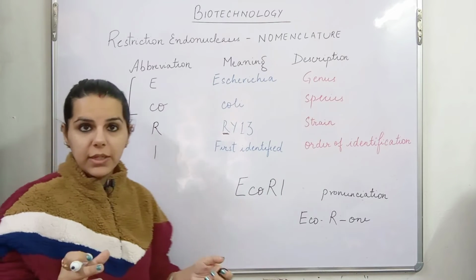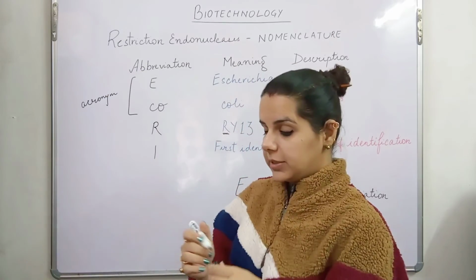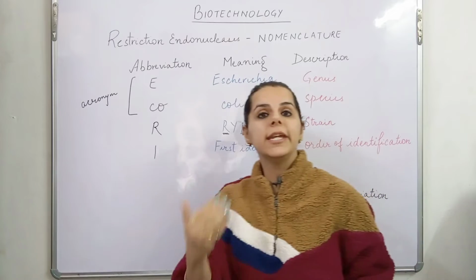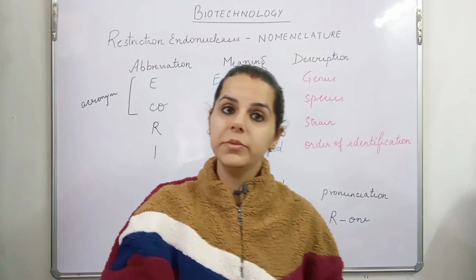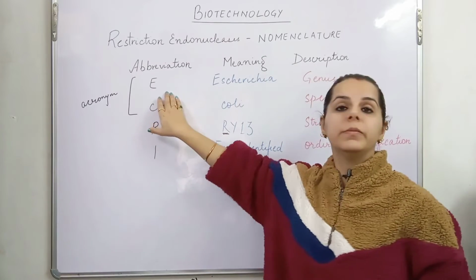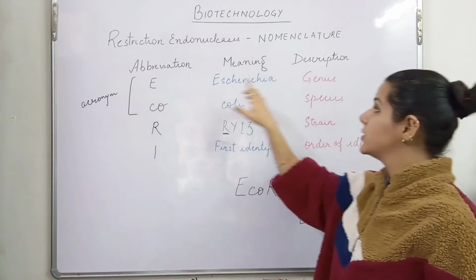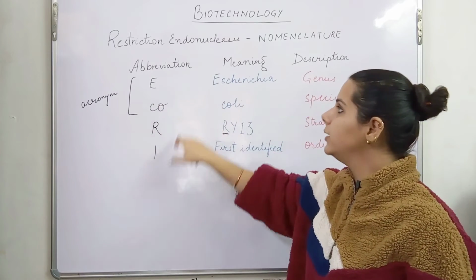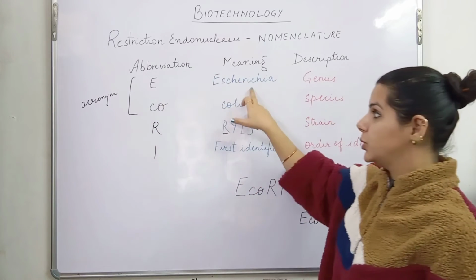Alright, so let me recapitulate what we have studied. Restriction endonuclease names are based on the organisms from which they are discovered. The first letter, written in capital, represents the genus. Like in case of EcoRI, E stands for Escherichia.